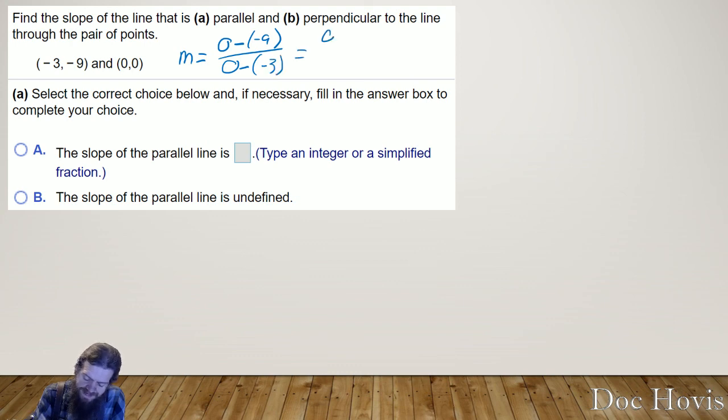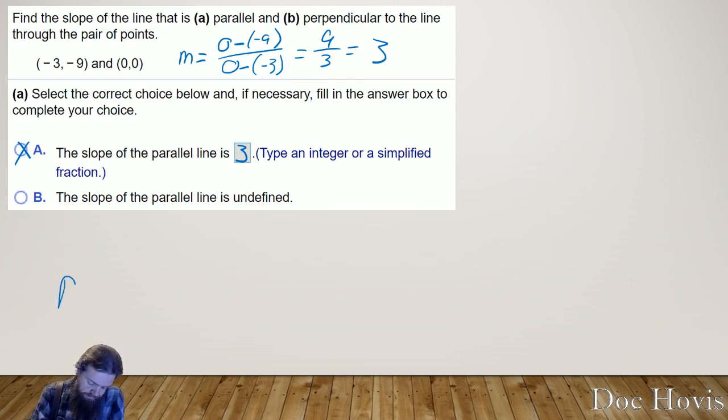That's going to give me 9 over 3, which gives me 3. 9 divided by 3 is 3. Good. So the slope of the line that is parallel to this is 3. The slope of the line that's perpendicular to this is going to be flipped upside down.